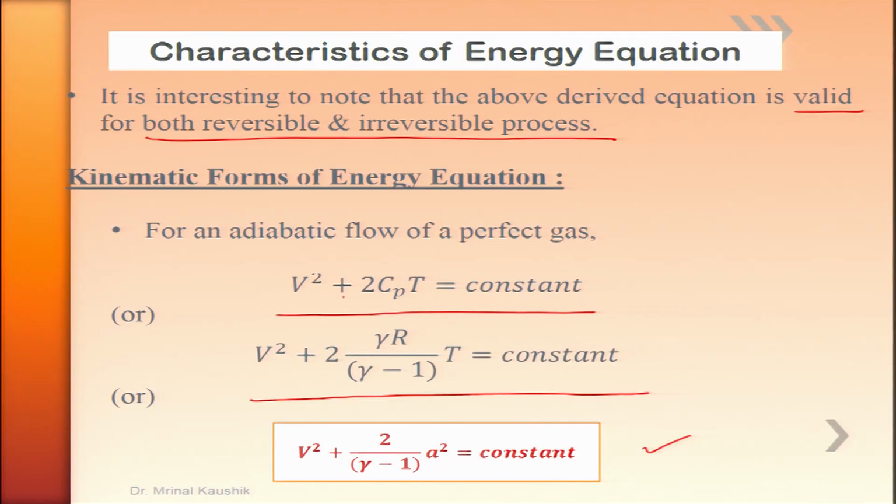For a perfect gas, we again write v square plus 2 Cp T is equal to constant. Replacing Cp with gamma R upon gamma minus 1, we find v square plus 2 gamma R upon gamma minus 1 T is equal to constant. Our objective here, since this is the original energy equation, is to investigate what the values of this constant are under different conditions.